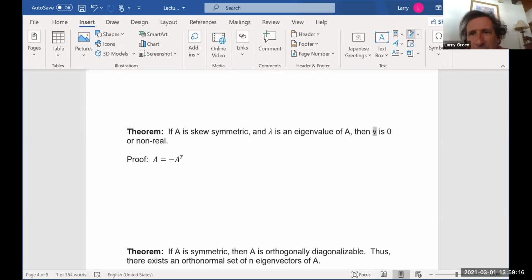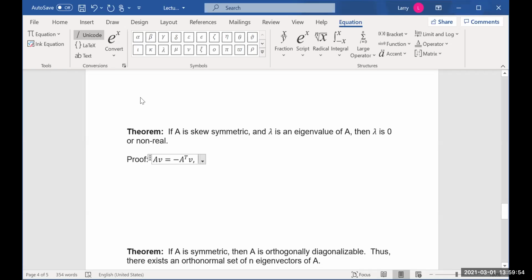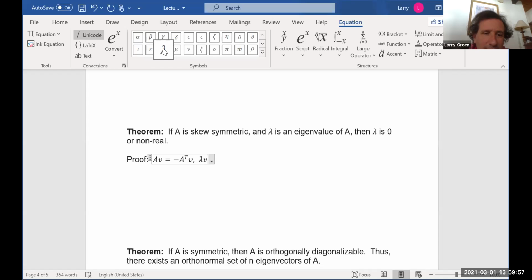Much better. So why can't you have, what happens if you have 7? What can I do to this equation? Okay, what I can do is I can multiply both sides on the right by V. Any questions on that so far? Okay, what's next? What's AV? Lambda V. Yep, so it's lambda V. Okay.